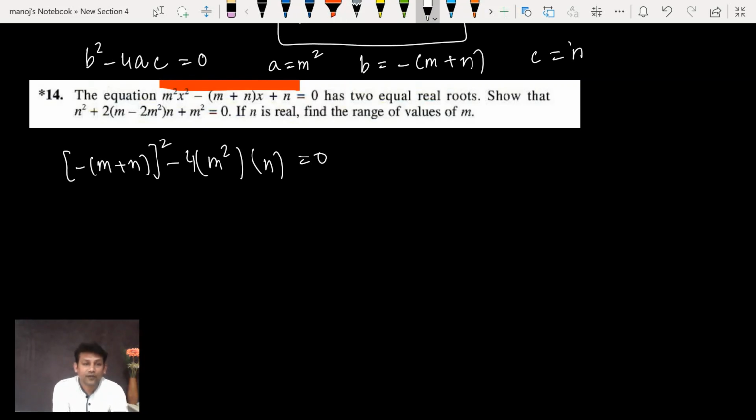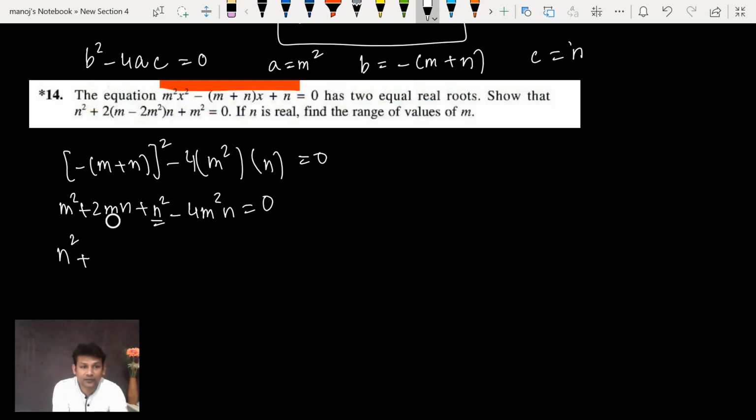This negative will become positive, and I can use the formula: m square plus 2mn plus n square, minus 4m square n, equals to 0. Then we have to make n square. We can write n square as the real number here, then plus m square at the end.